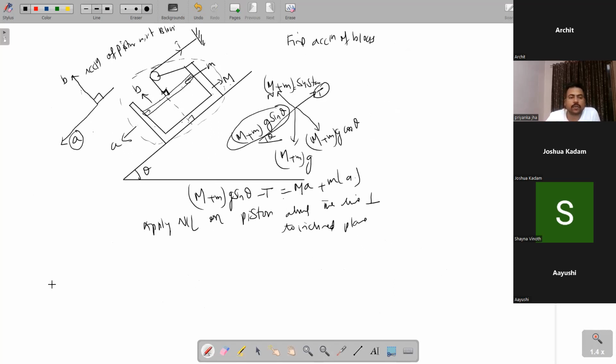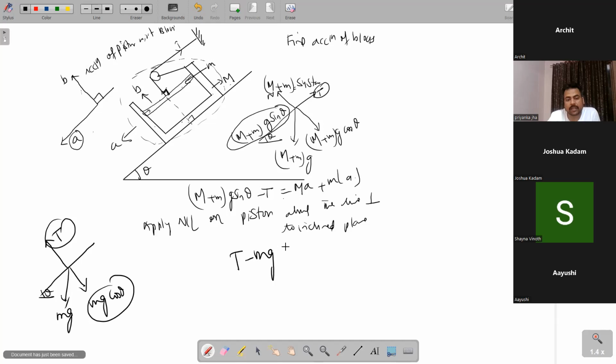For this piston, see, this is tension, and this is mg. This angle is theta. So this component is mg cos theta, this is sin theta. But we are considering the motion along the line perpendicular to the inclined plane. So along this line, this is going with acceleration b. So T minus mg cos theta equal to m into b.